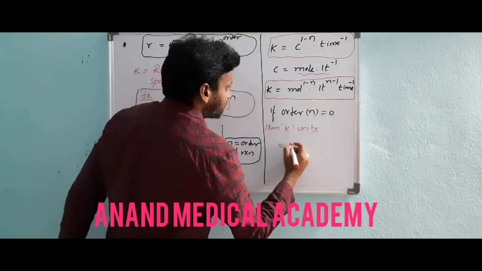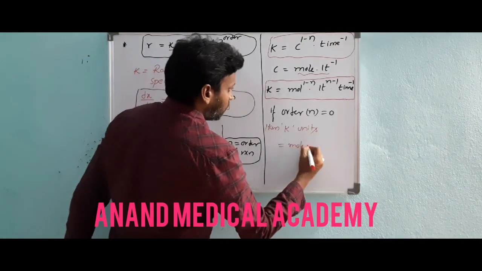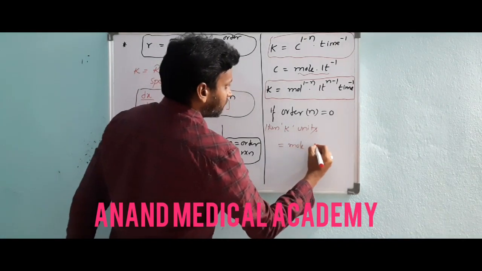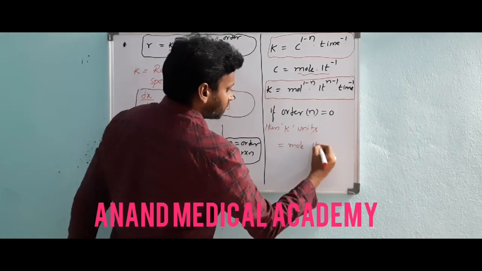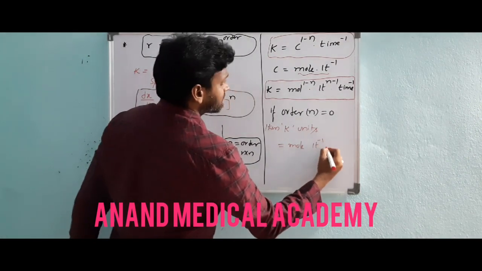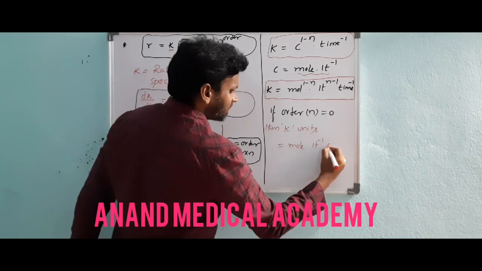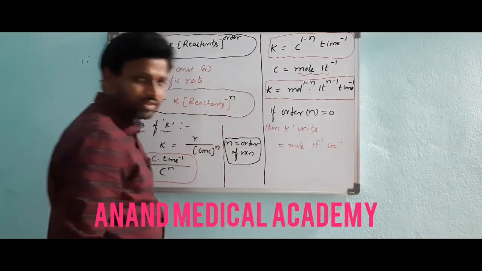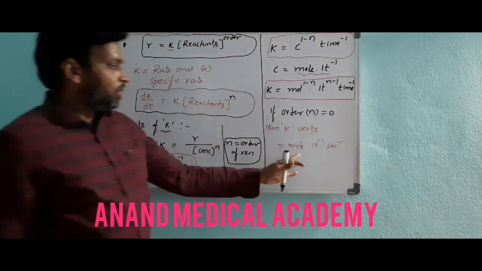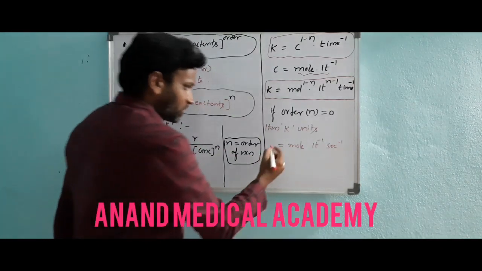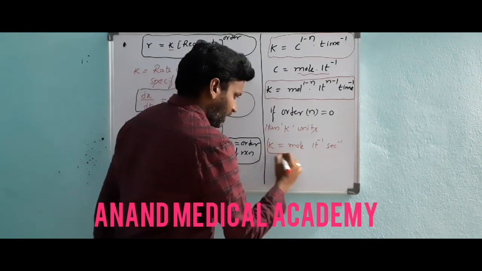So the K units you can say as mole 1 and liter power minus 1 and time inverse, like second inverse. So mole, liter inverse, second inverse, somewhere you saw this, right? Rate units only.